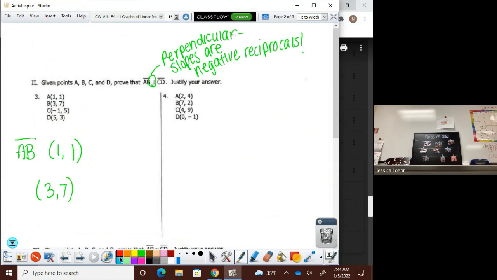And I'm plugging into the slope formula. Which when you simplify gives you 3.